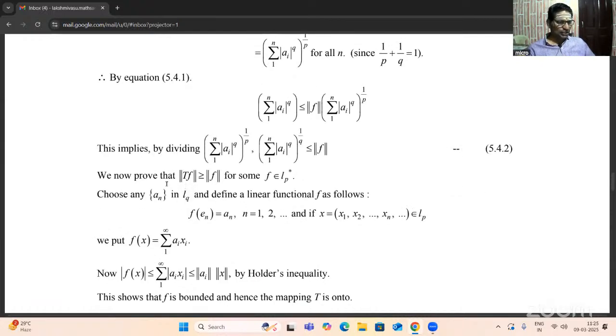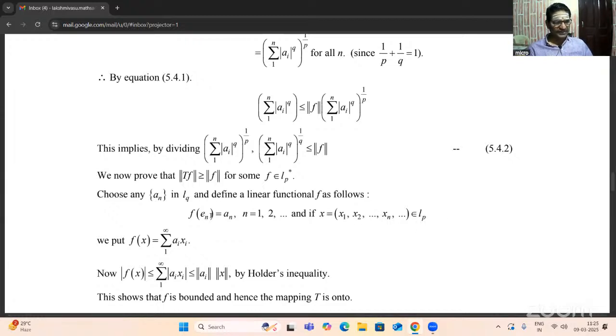So in Lq, you are taking any one of the sequences, and define the linear functional f(eₙ) = aₙ. That is the relation of Lq. So x means x₁, x₂, and so on, xₙ. That also belongs to Lp.